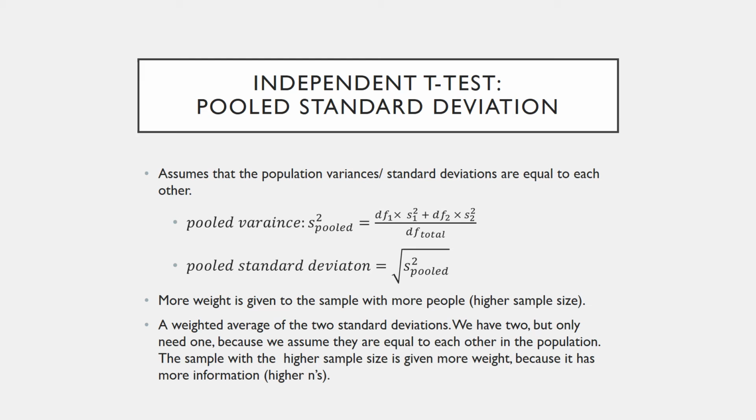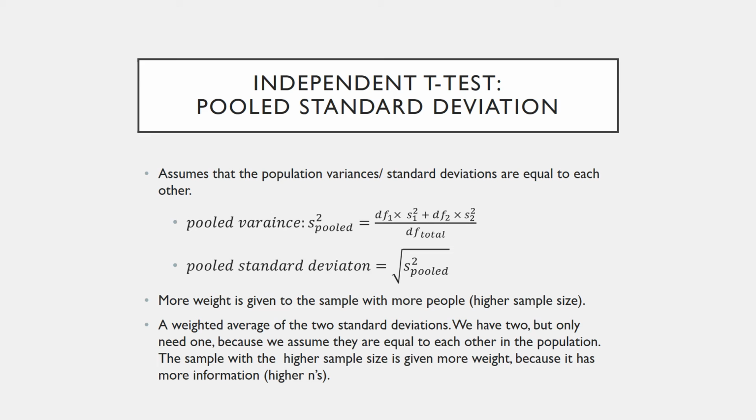So if you look at this formula, the top is the degrees of freedom for the first column times the variance for the first column. So if you have the standard deviation here, then you need to square it to get the variance, and then it's the degrees of freedom for the second column times the variance for the second column.